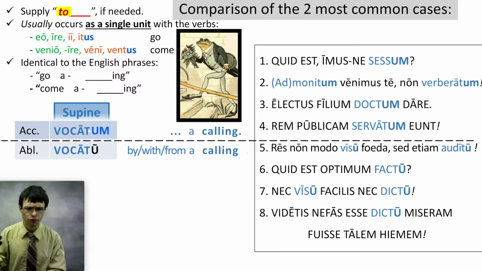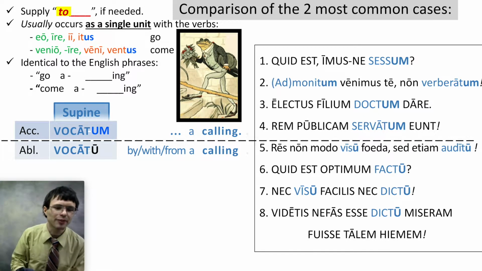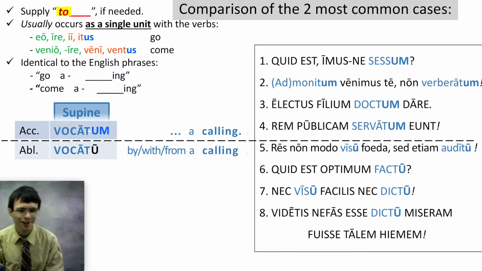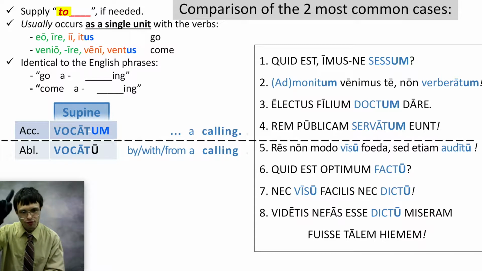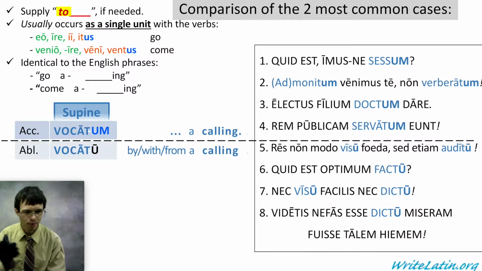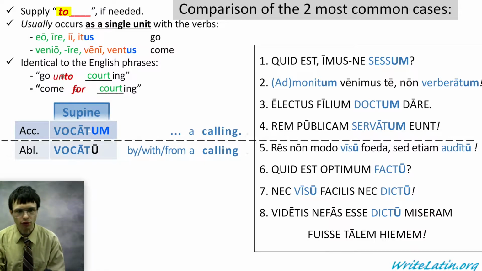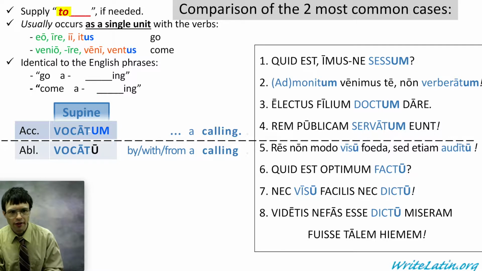So, the frog went a-courting, a-courting, a-courting, the frog went a-courting. Remember this stupid stuff from nursery school? When you say that, what you're saying literally is the frog went to or for courting. But we've just come to say it in English, a-blanking. So the way you translate that, of course, is unto blanking, or for blanking.